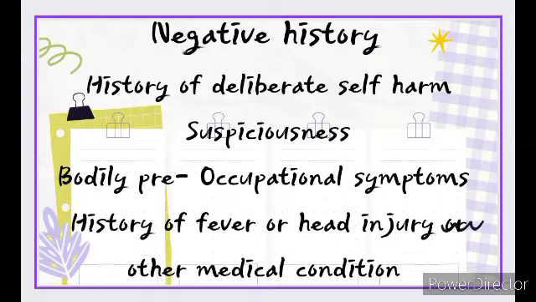Other medical conditions, we have to write that. Anything it can be, like if the person is suffering from anemia, or has experienced an accident or trauma, or has any experience of epilepsy, fits, anything.